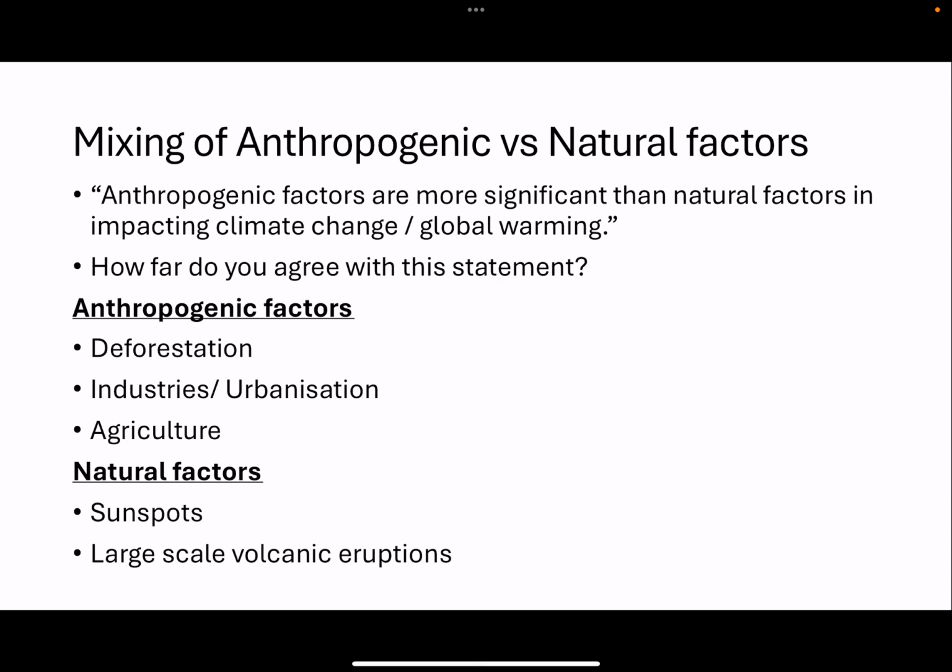Okay, natural factors are very intense for the period of time that it happens. You may want to argue that volcanic eruptions happen quite regularly in a year across the world, but the very large ones don't actually have high frequency. Okay, otherwise we'll be covered in soot all the time.